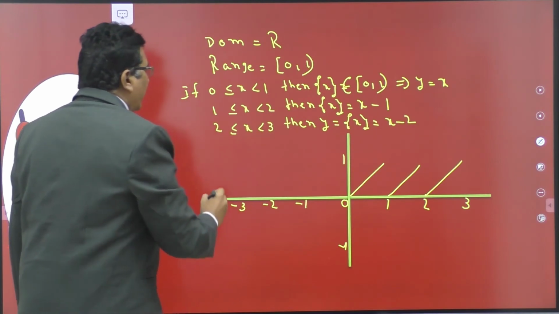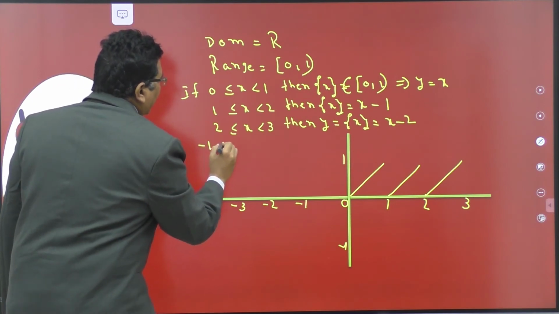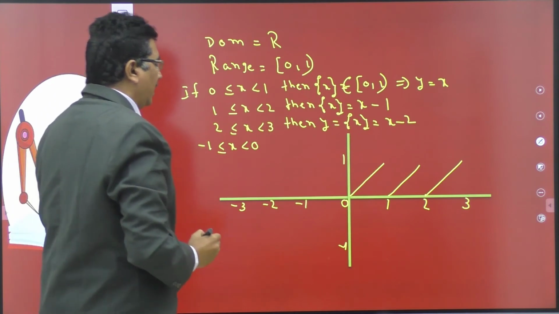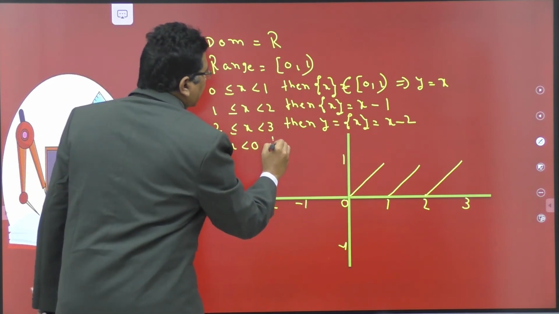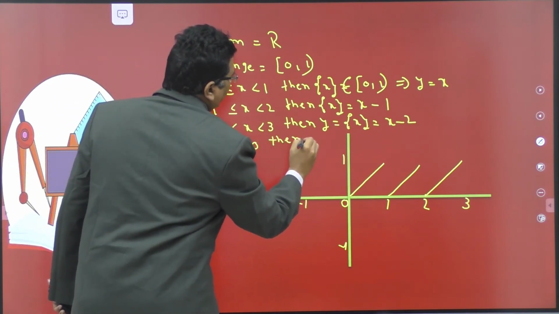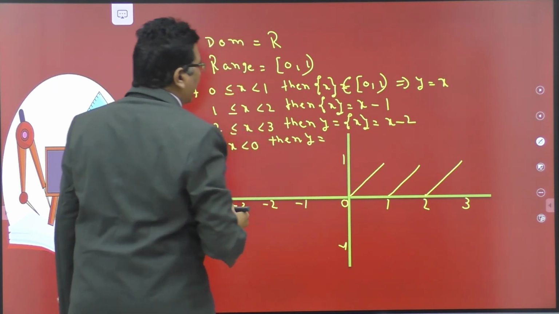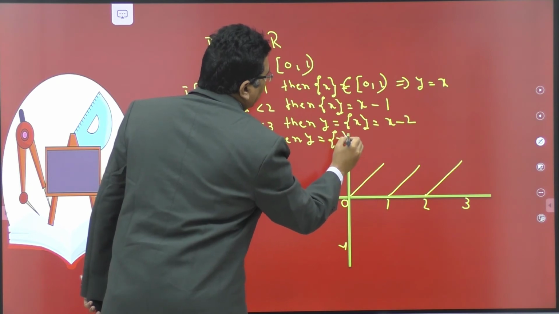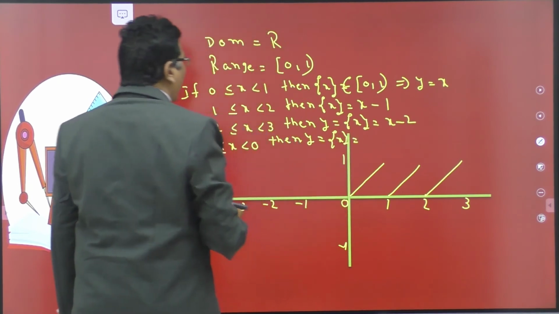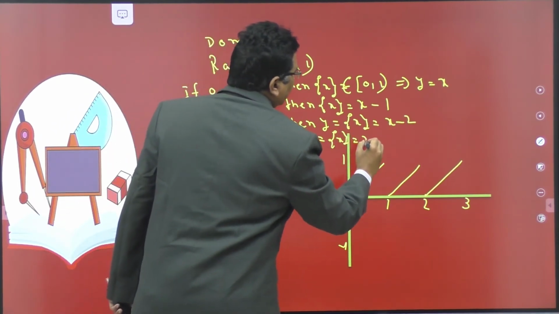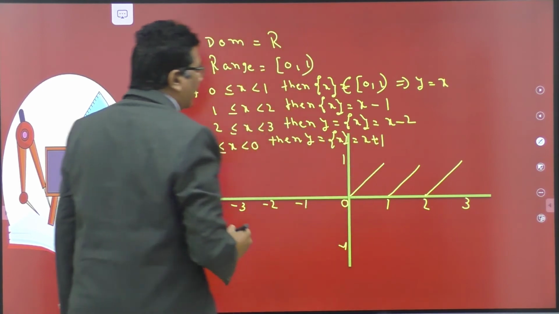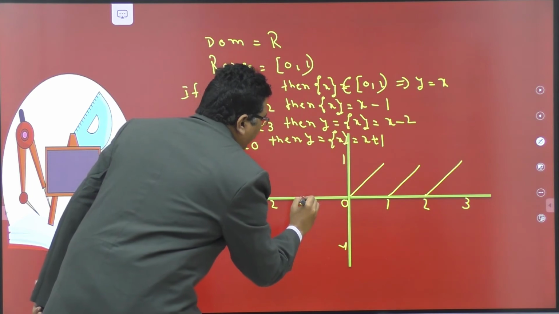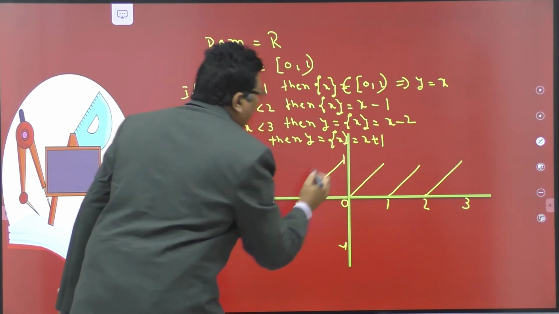Now minus 1 to 0, minus 1 less than or equal to x less than 0. In this case y is equal to the fractional part of x, that is equal to x minus box x, x plus 1. Y is equal to x plus 1 is a straight line, right?